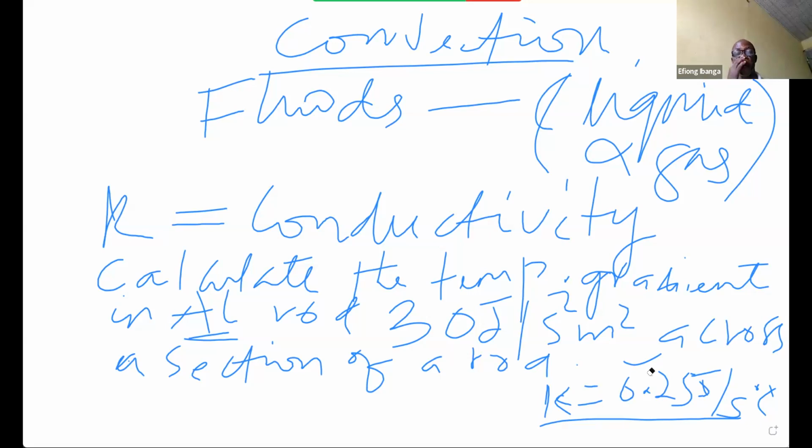All right, who can give me an example in real life of convection heat transfer from what we've done?